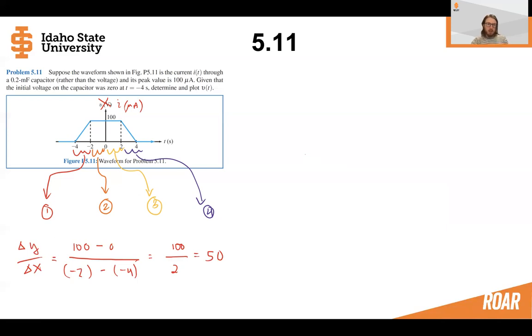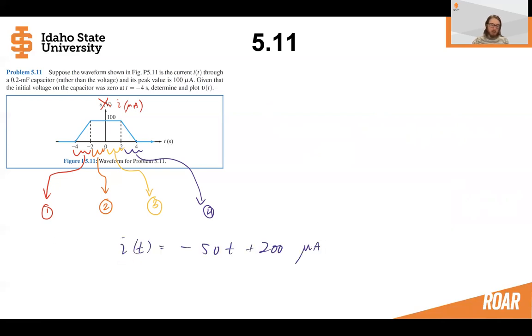If we look at these, we can see the slope in the first part is 50, so we can write a function 50 times t plus 200 microamps as the current there. Then in parts 2 and 3, the current is constant at 100 microamps.